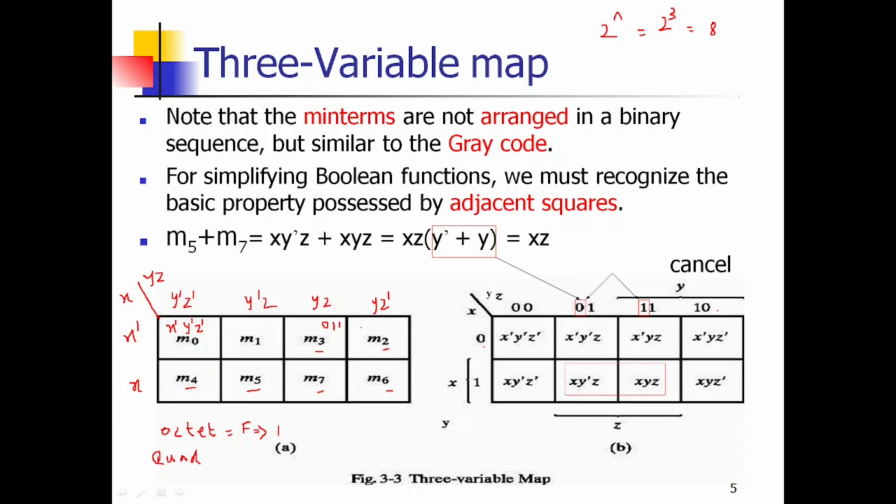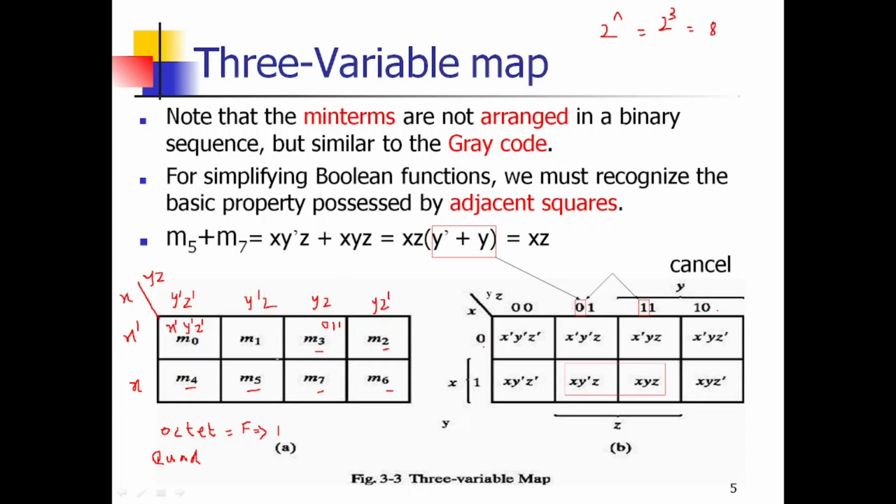And if we have the third column and fourth column, we follow the same procedure: folding the last column to sit on the third column, and again folding the second row to sit on the first row. We have x plus x dash, that becomes 1, and z plus z dash becomes 1, and we are left with y only.